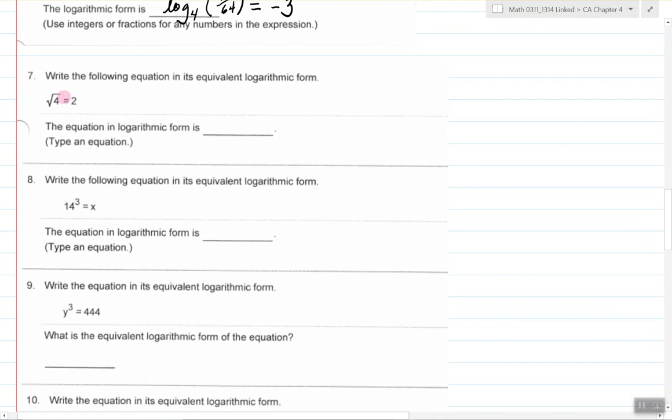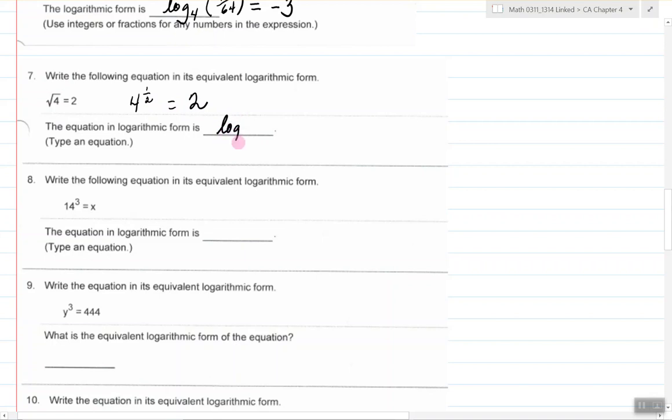All right, now this one, you might look at it and say, well, this isn't even an exponential statement, but it could be. Square root can be rewritten as an exponent 1/2. So 4 to the 1/2 power is equal to 2. Now I can write it as logarithmic.